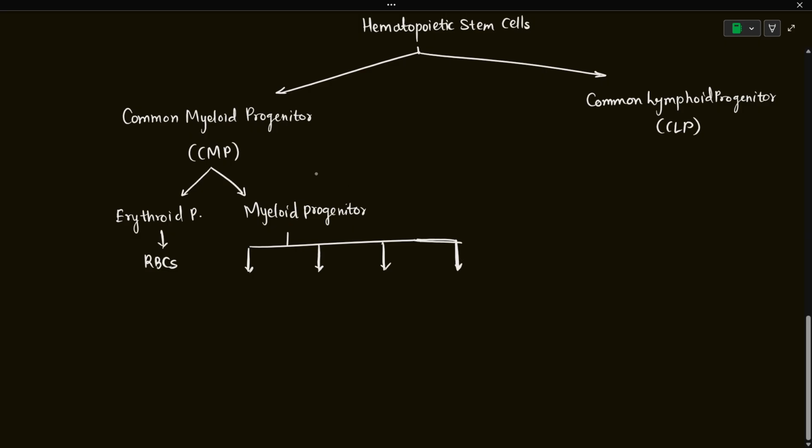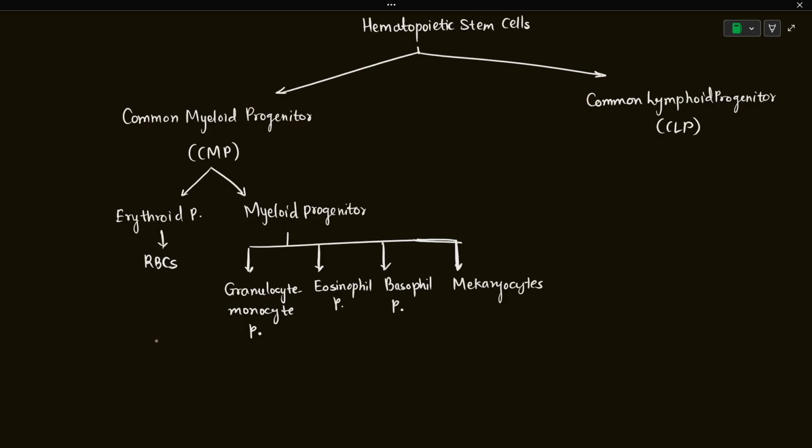So the different progenitor cells that can be formed by the myeloid progenitor due to differentiation are the granulocyte monocyte progenitor, the eosinophil progenitor, the basophil progenitor cells, or the megakaryocytes.